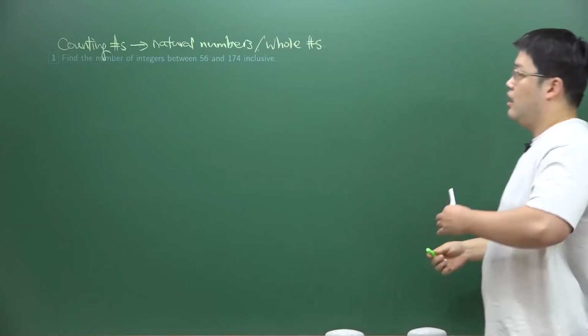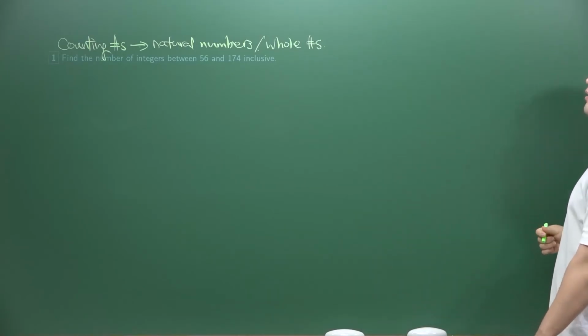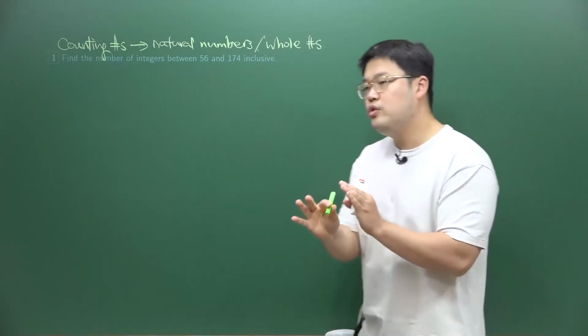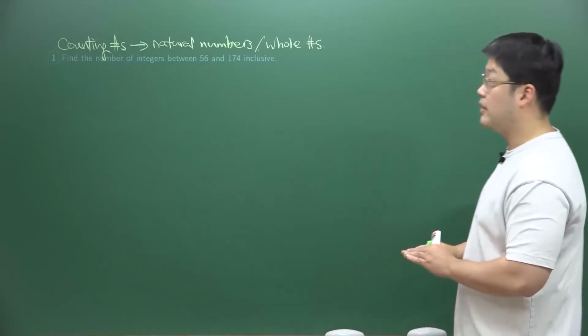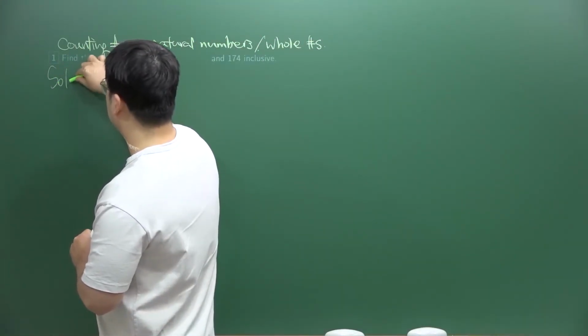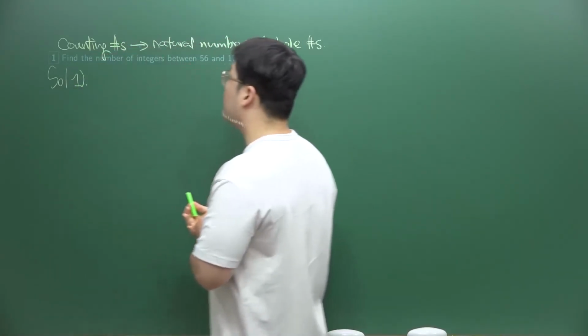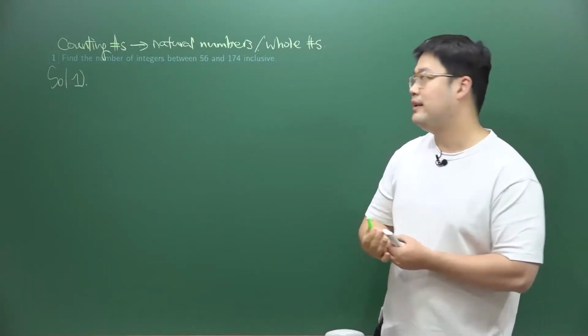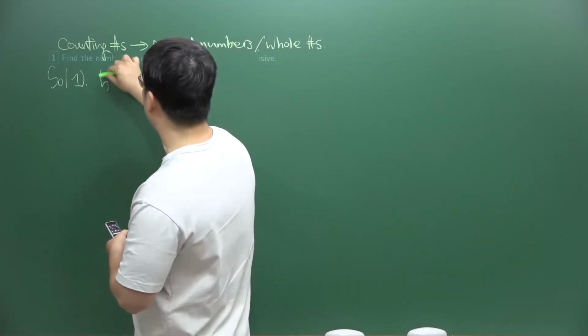Either way, we use those numbers. And I'll show you the basic drill of how to do it, okay? So there's solution number 1. Solution number 1 uses the fact that we are going to find a one-to-one correspondence.